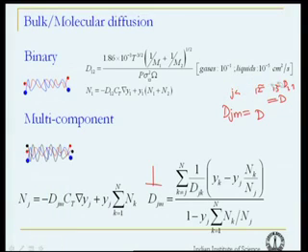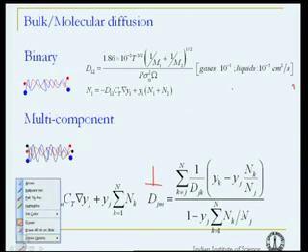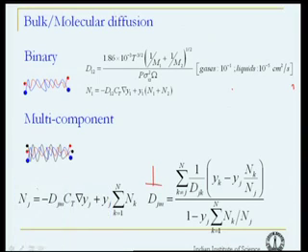The other simplification that is possible is, let us say that we have a mixture where one of the components is dominant. So, let us say that y1 is far greater than y2, y3, y4. All other components are present in dilute quantity.